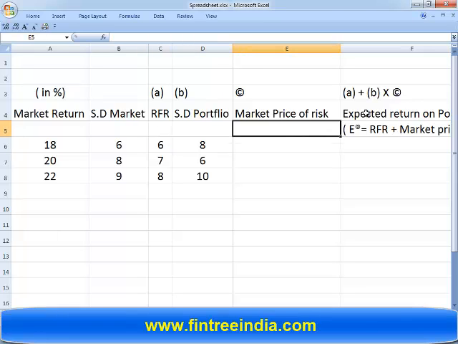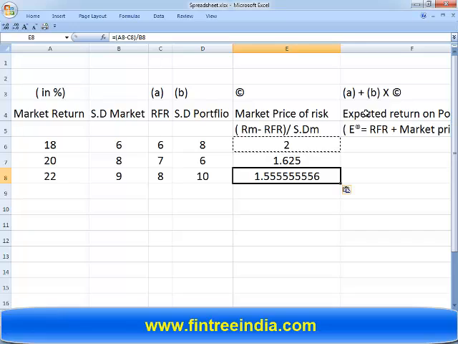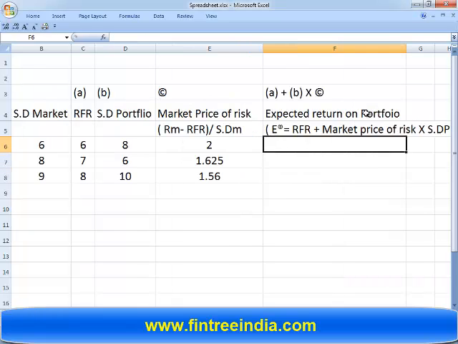So market price of risk here we will calculate by saying return on market minus RFR divided by standard deviation of market. Okay, so let's say return on market 18 minus RFR 6 divided by standard deviation of market 6 is 2, 1.625 and 1.56. Once you have this, then we will use the CML model. RFR plus market price of risk into standard deviation of the portfolio. So expected return is equal to risk-free rate of return plus market price of the risk multiplied with standard deviation.